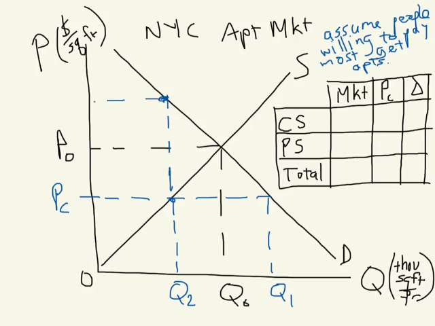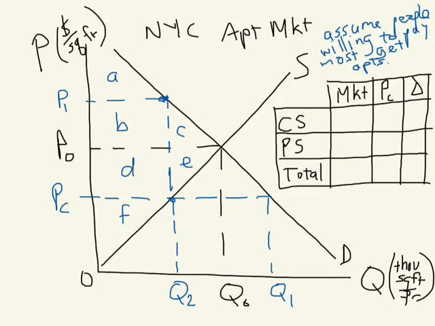It doesn't hurt to draw too many lines. We'll just say that the willingness to pay of the last person to get an apartment was P1. So to make things easy, I'm going to label everything. Label all areas that are framed off A, B, C, D, E, F. If you label some of these areas in here by mistake, no big deal. I've done this kind of analysis enough to know that I don't need those.